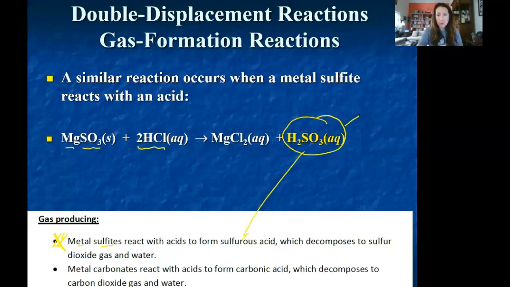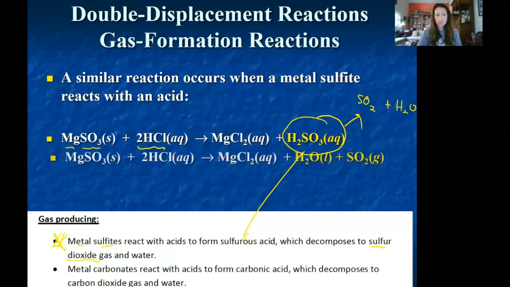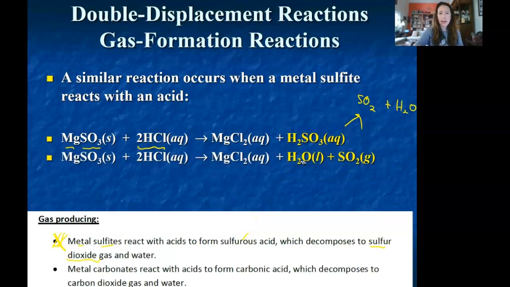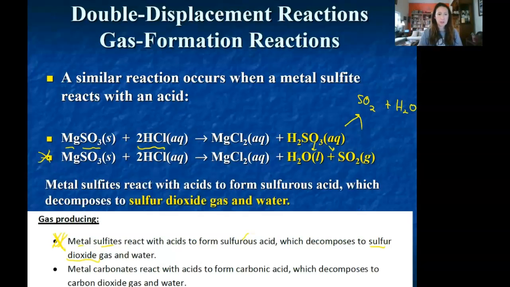And this is going to decompose into sulfur dioxide plus water. So our overall reaction, because this decomposed, would look like this. And these are our most common gas-producing reactions. And then again, there is the rule that we have for this.